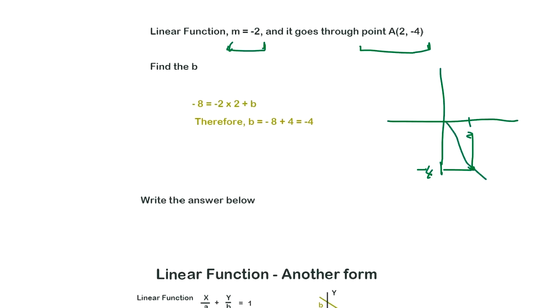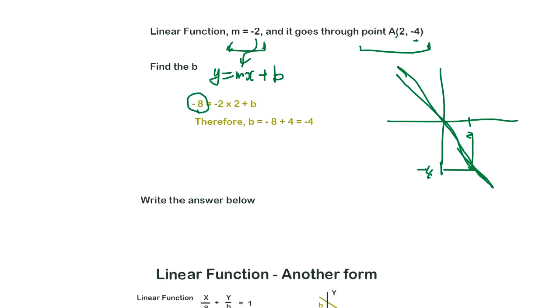So how do we determine it? Okay, y equals mx plus b, right? And the slope, you plug in this one. Okay, and x and y are given.